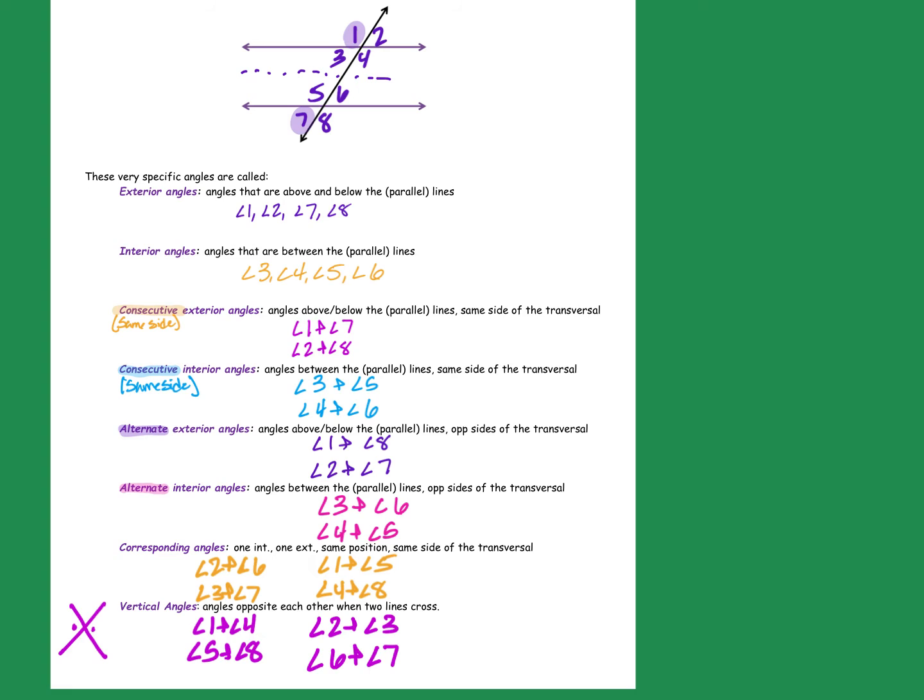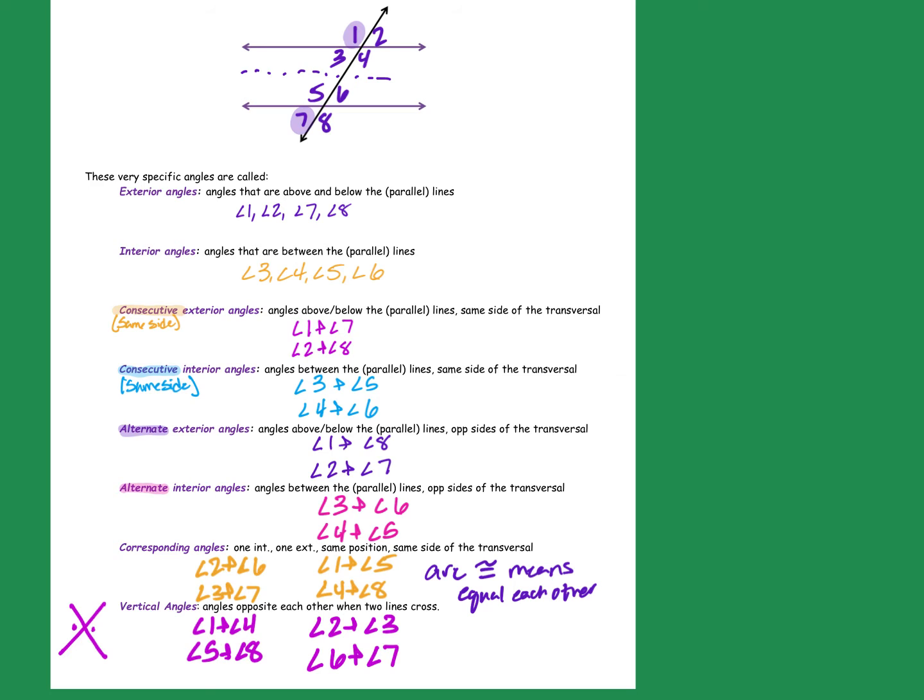You slide them down, so the top is the same as the bottom. So that means that 7 and 3 are equal to each other, right? So I can say corresponding angles are congruent. Congruent means equal to each other, right? Those ones equal each other, because corresponding angles equal each other.